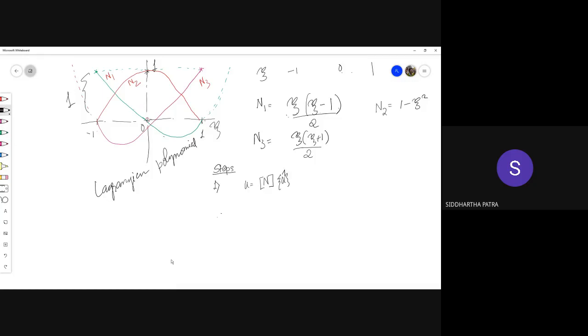Obviously, n is n1, n2, n3, and U hat is U1, U2, U3. Similarly, we would write V equals V hat transpose n transpose, like the other day.